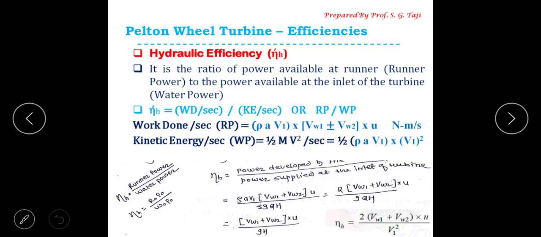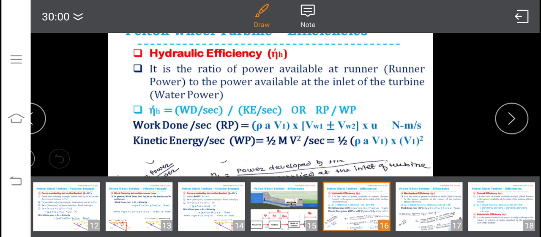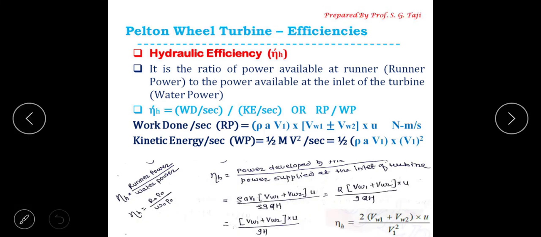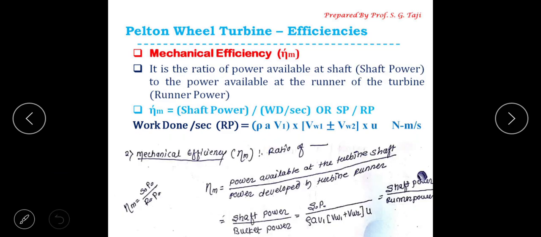When beta is greater than 90, you have to use minus sign. Kinetic energy per second is nothing but water power: half mv squared divided by second, half rho a v1 multiplied by v1 squared. That's why efficiency in general can be defined as the ratio of work done divided by kinetic energy. The formulae are given here; you can understand them yourself, as we have done all these in the derivation itself.